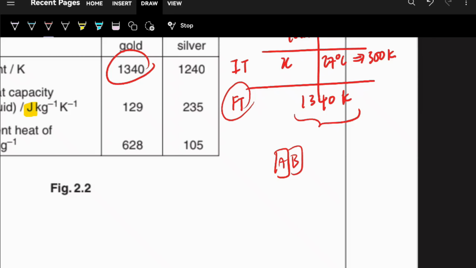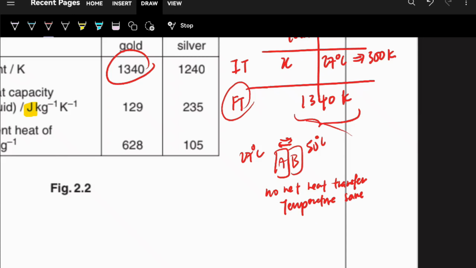Let's say this is 27 degrees and this is like 50 degrees Celsius. What happens is there will be heat transfer, right? They will keep transferring heat. One will be releasing heat, one will be absorbing the heat. So this process will continue until there's no net heat transfer and the temperature will be the same.